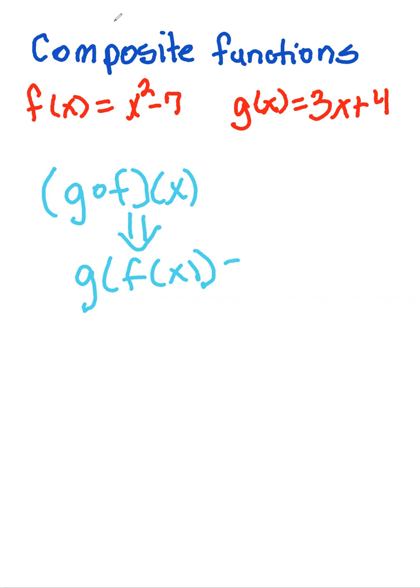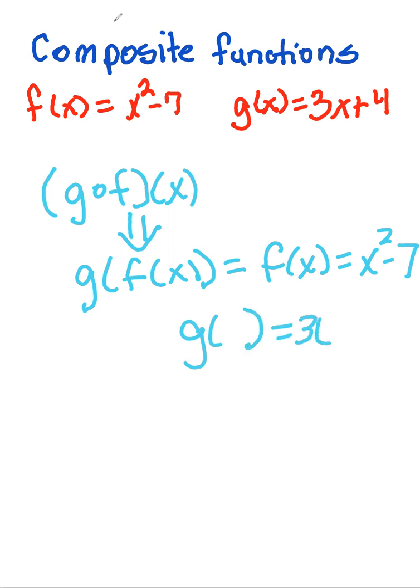this time I don't have a number there, I just have a variable. So I'm going to say f of x equals x squared minus 7. Now for the g function, g of something equals 3 times something plus 4. So this time it says take this function and input it here and here.